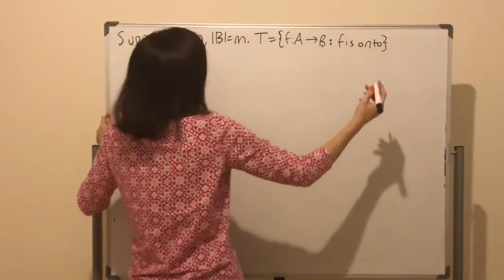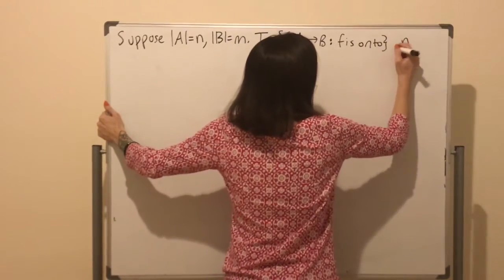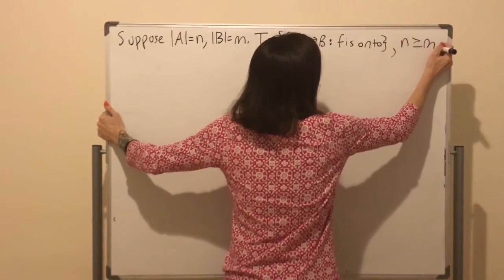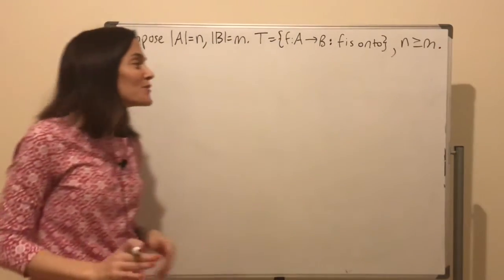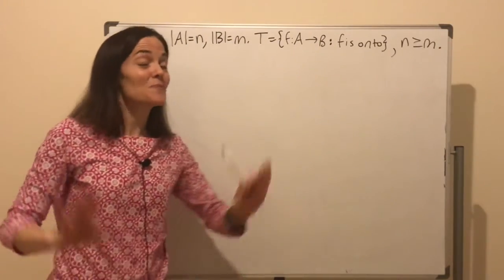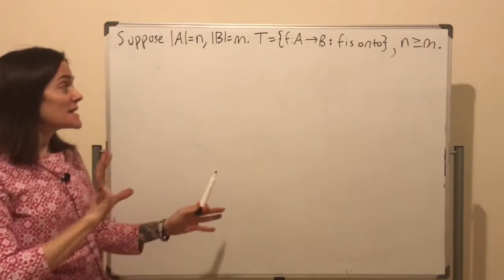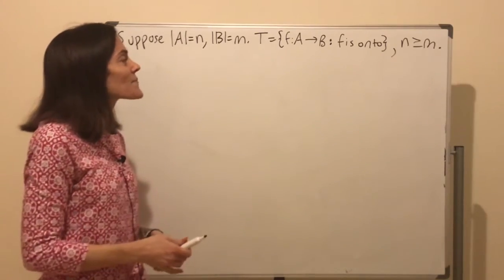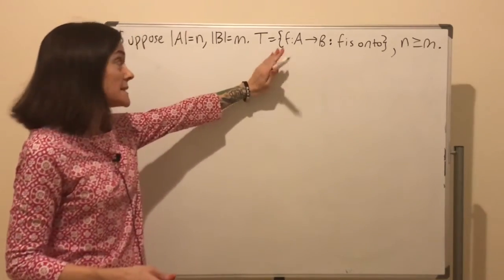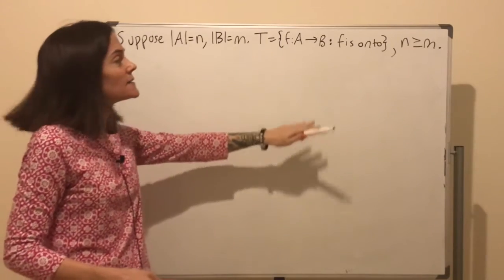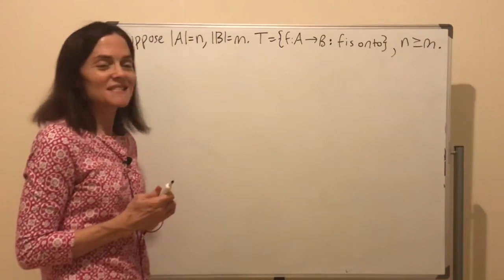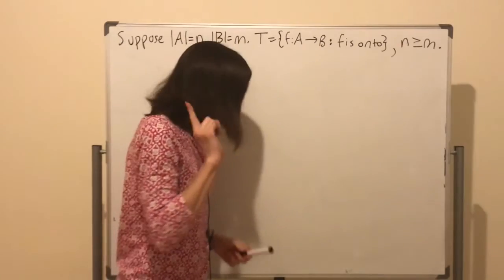Now, we will assume that n is bigger than or equal to m, because we know, and we proved with the pigeonhole principle, that if n is less than m, then T is the empty set. So I'm really interested in when it's not empty. Let's count the number of things in T.